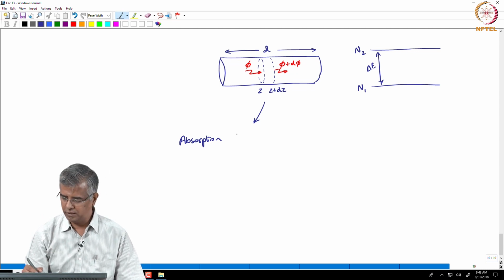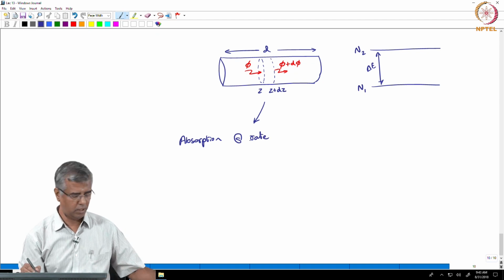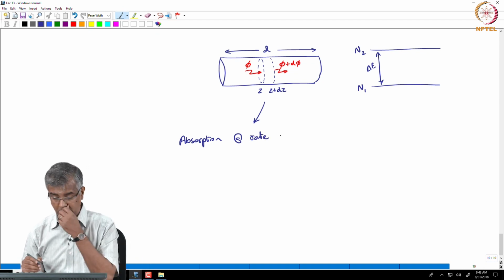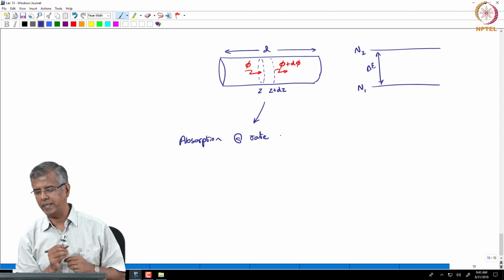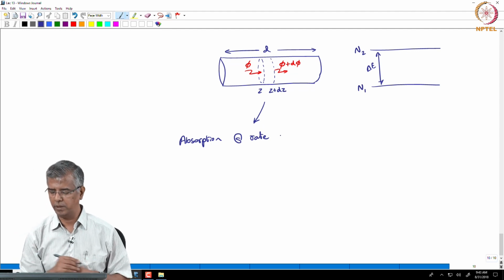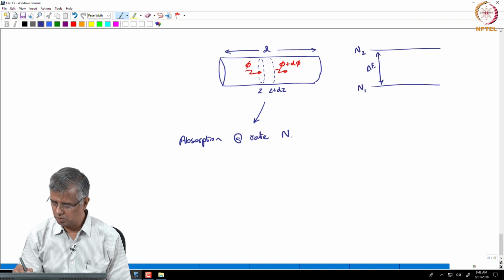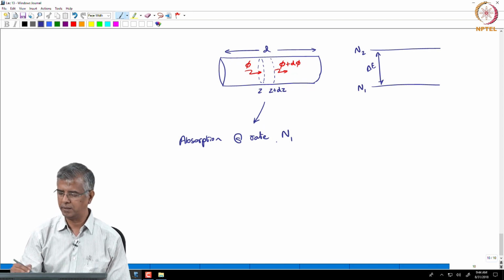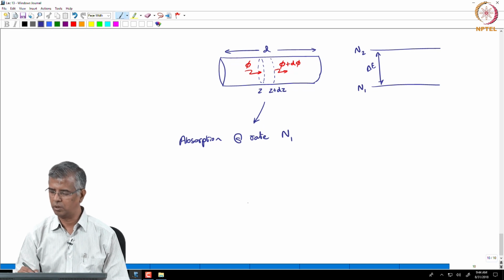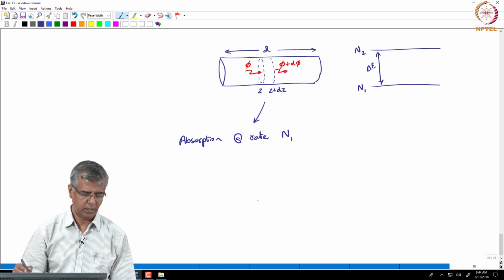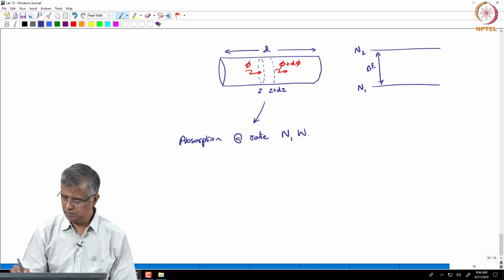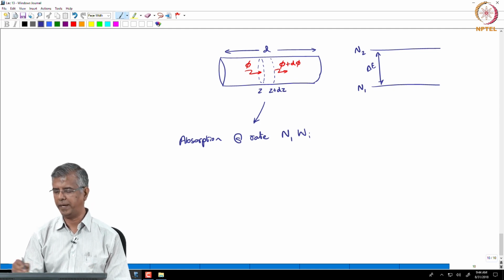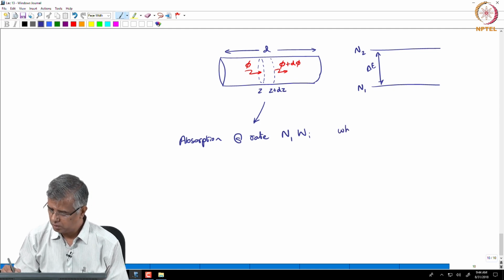So, absorption is happening at a rate that is given by, of course, absorption is going to depend on how many atoms are at that lower energy level. So, N1, and it is going to the excited state with the rate we will call Wi, okay.